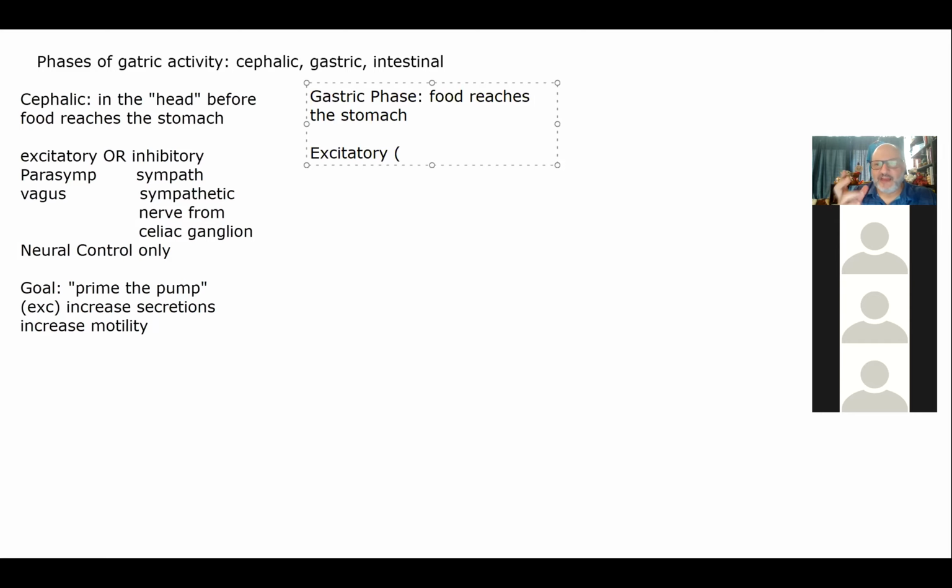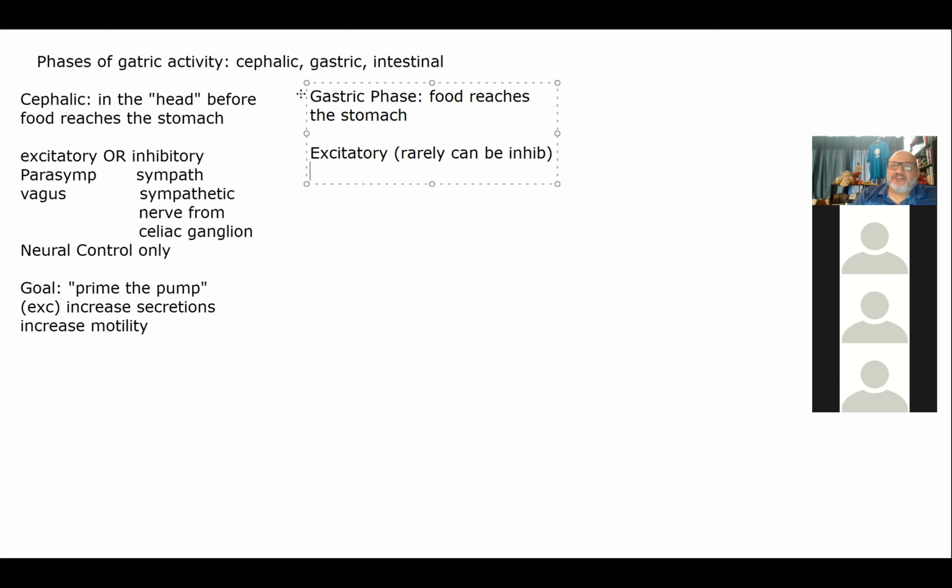Now remember, as we talked about, in very stressful situations there can rarely be inhibition, but that's not primarily the goal. The goal is for it to be excitatory. We need to be aware that in an incredibly stressful situation it can be inhibitory, but here the goal is primarily to be excitatory.